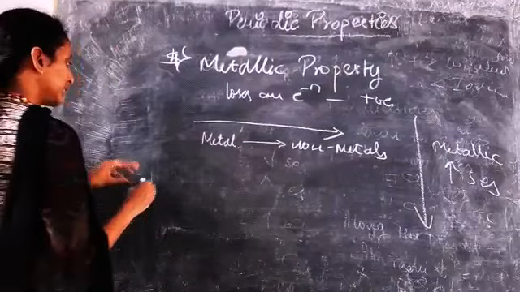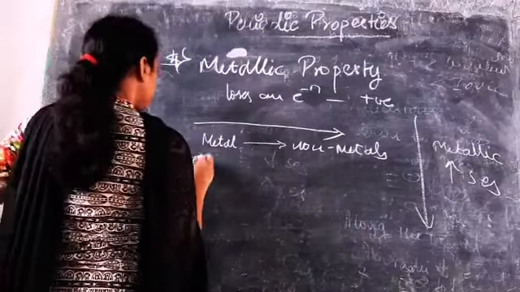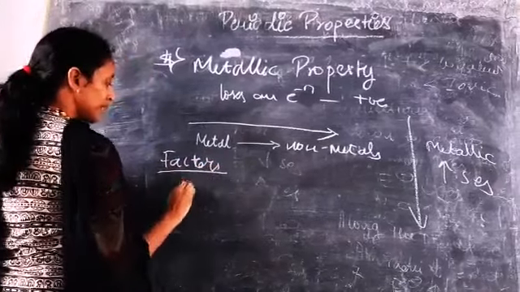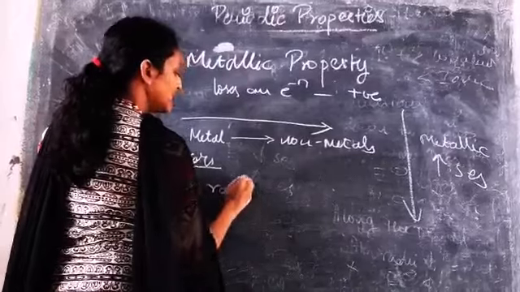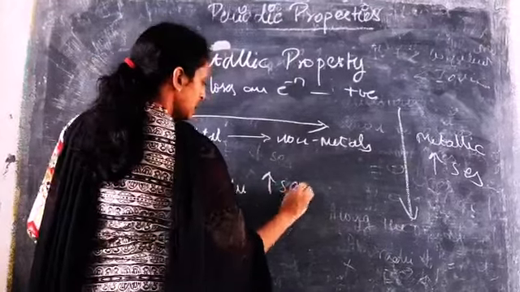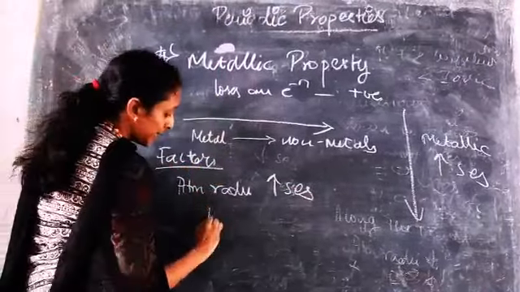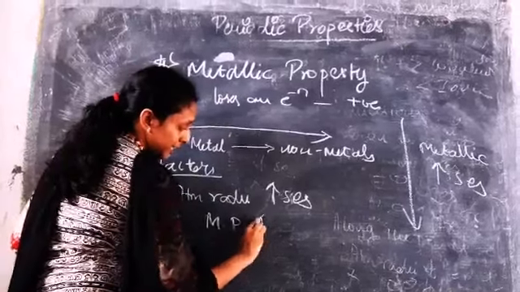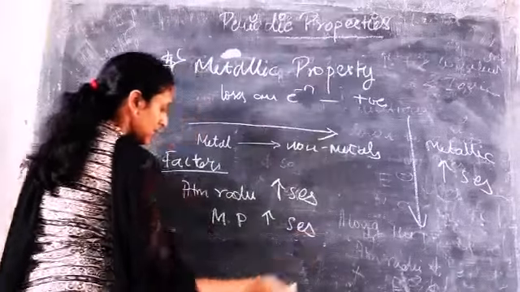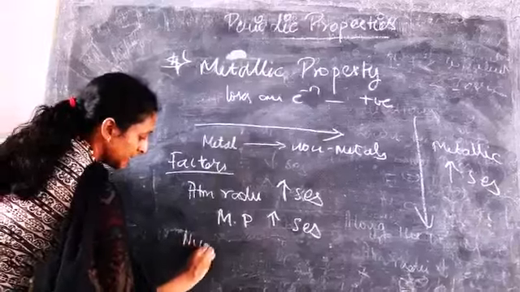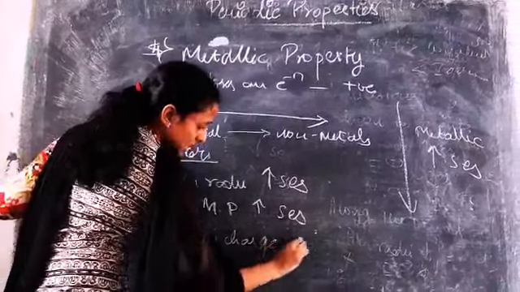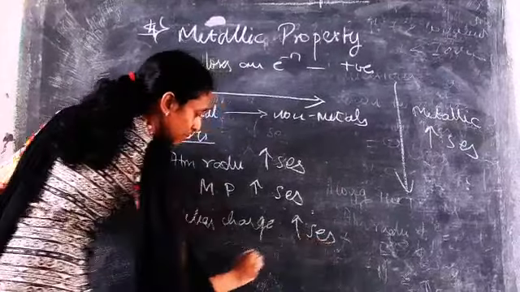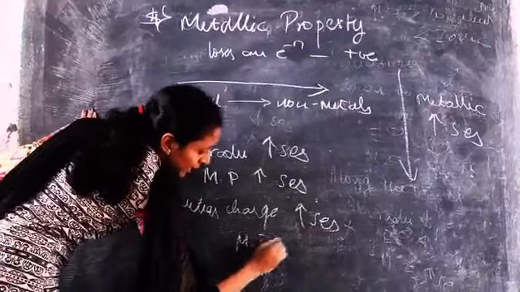So what are the factors? First, atomic radii. As the atomic radii increases, the metallic property also increases. Then if you take nuclear charge, as the nuclear charge increases, the metallic property decreases.